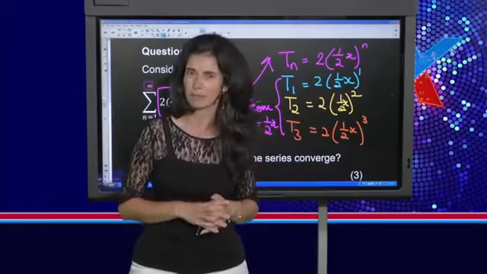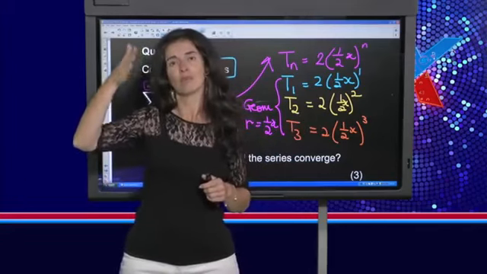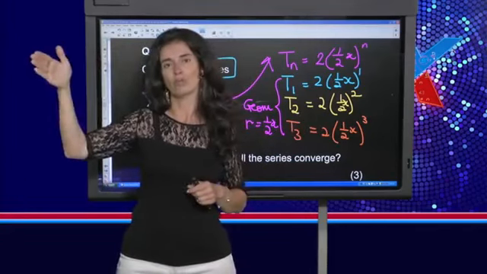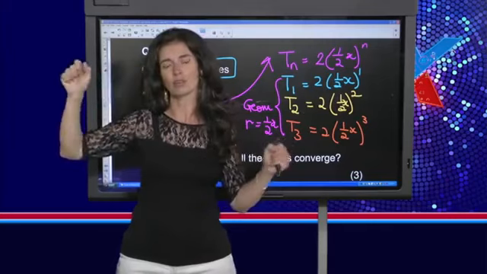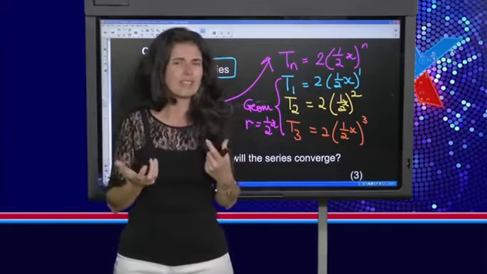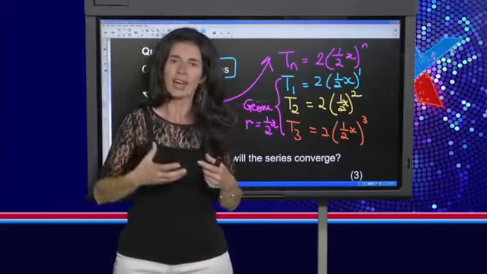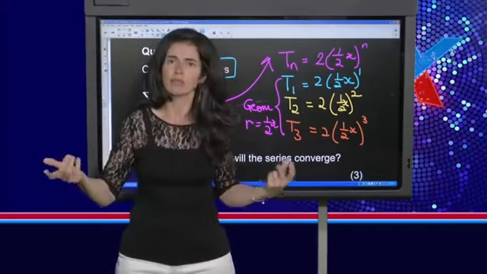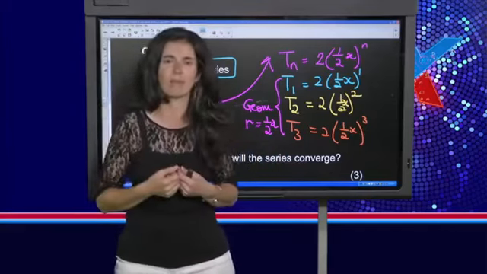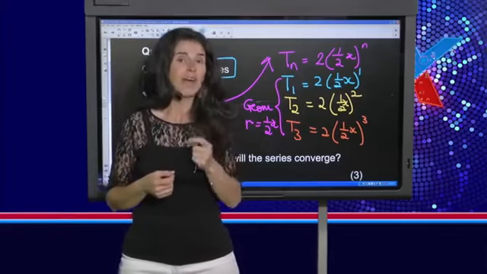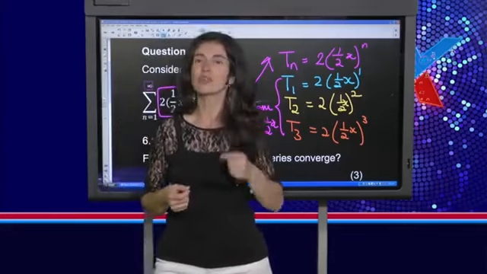Now, what does that mean? That as you add more and more and more terms, that sum isn't growing. Because if you think about it, when we talk number sense, the more we add, the bigger the number gets. And that's usually what's framed in our minds. However, in true mathematics, that's not always true.